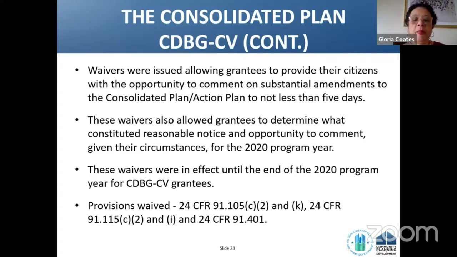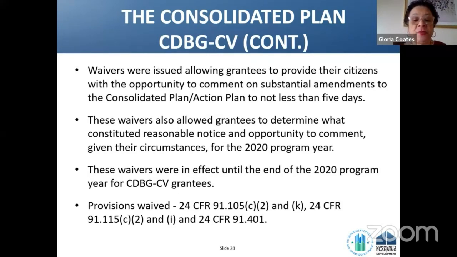Okay, these are the waivers that were issued. We're going to talk a little about those because they are important. Waivers were issued to allow you to provide your citizens with the opportunity and ability to comment on substantial amendments for CV for not less than 5 days.